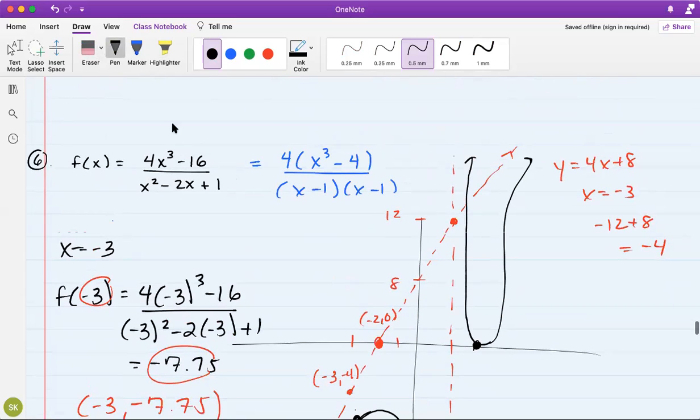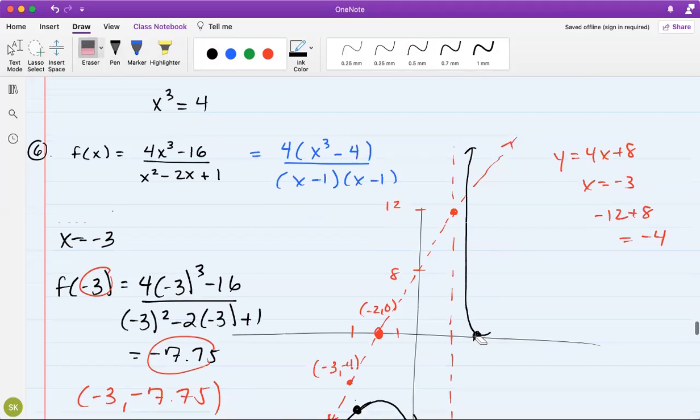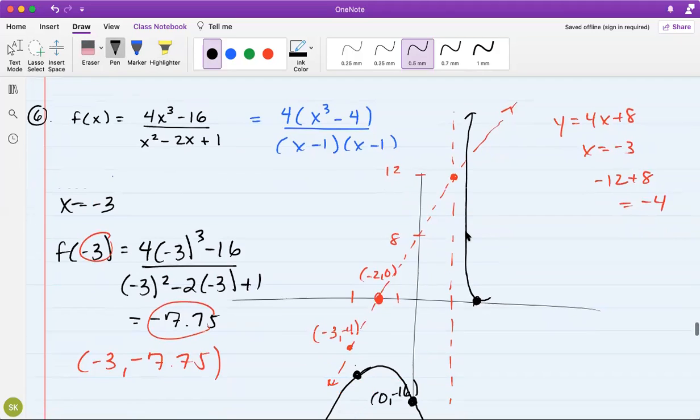When we solved this, we said x cubed was equal to 4 when we tried to factor that. And we got the cubic root of this 4. That multiplicity was 1. So that's not going to happen. It's not going to touch because the multiplicity is odd. It's going to go through there. So the only option for this one is to go like this.